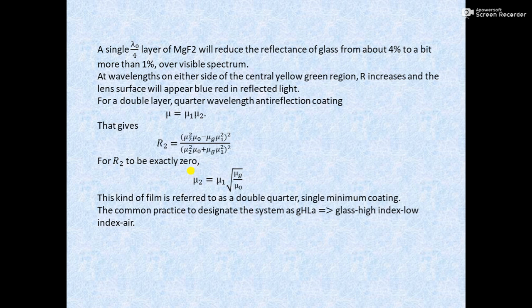A single lambda naught by 4 layer of magnesium fluoride will reduce the reflectance of glass from about 4% to a bit more than 1% over the visible spectrum. A single layer coating is effective for one particular wavelength, which is chosen near the center of the visible spectrum. A wider coverage of the spectrum can be achieved by multiple coatings.